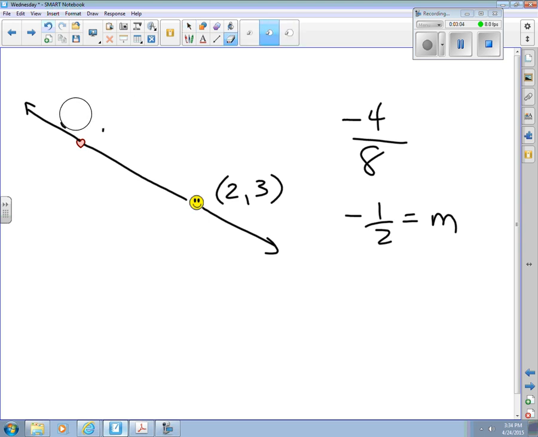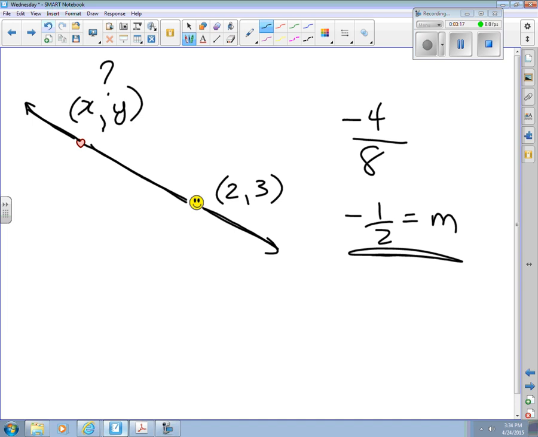I have no idea what they are. I just know that there is an x number for that coordinate and a y number for that coordinate, but I don't know what they are. But I do know that the line I've drawn through them has a slope of negative 1/2. Could I find the equation of that line if all I know is one point and the slope? I don't know any other points on that line.